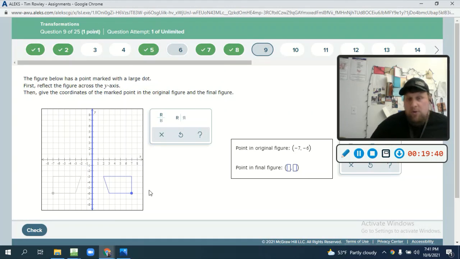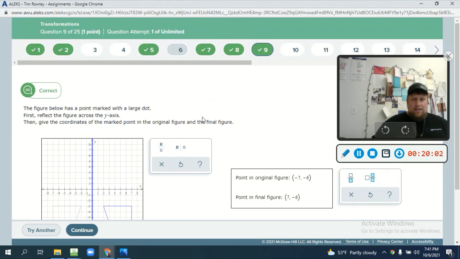Well, since I went across the y, remember it shouldn't affect the y value, but it's going to make the x opposite. So without even looking here, I know it should be 7, negative 6. Let's see if that's true. 7, negative 6. Look at that. And I bet when we check it, we're going to get that nice, shiny little green.